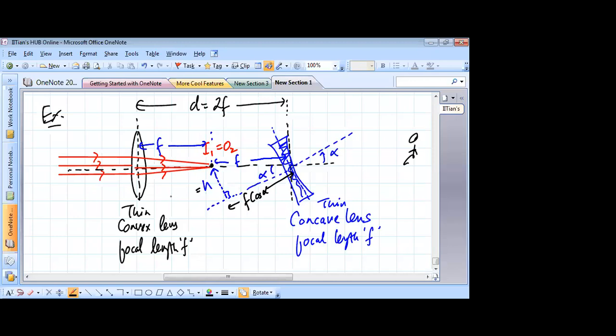And this height becomes f sin alpha. Okay. So now you'll see something very interesting. The second image will be produced somewhere here. It will be at h prime, something like this. Where this will be the value of v.